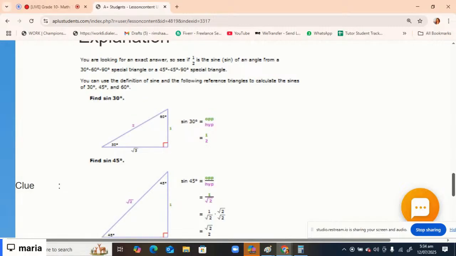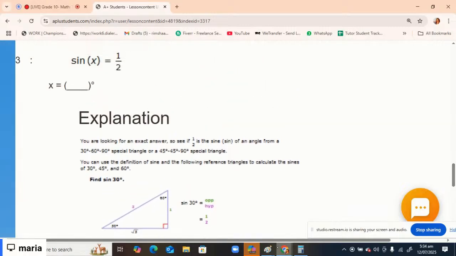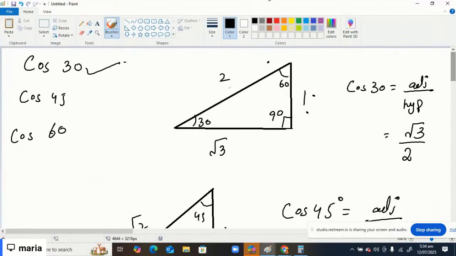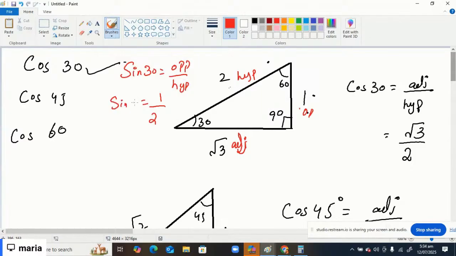For the same thing, you are going to find it for sine. Let me take it here. If I want to find the sine from this value, how can we find it? Sine 30 is equal to opposite over hypotenuse. As we can see, this one is our adjacent, this one is our hypotenuse, and here is the opposite. So opposite is 1, hypotenuse is 2. So sine 30 is 1 by 2.